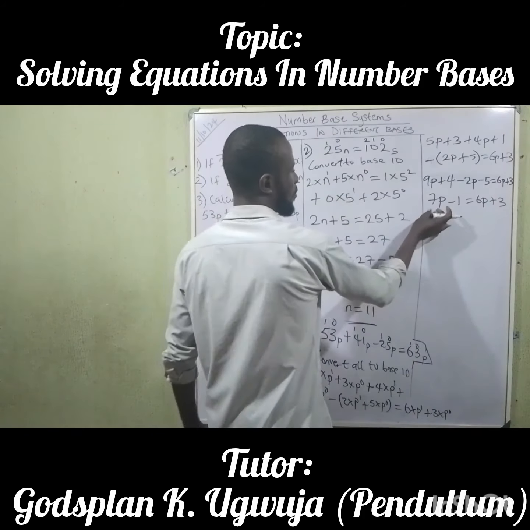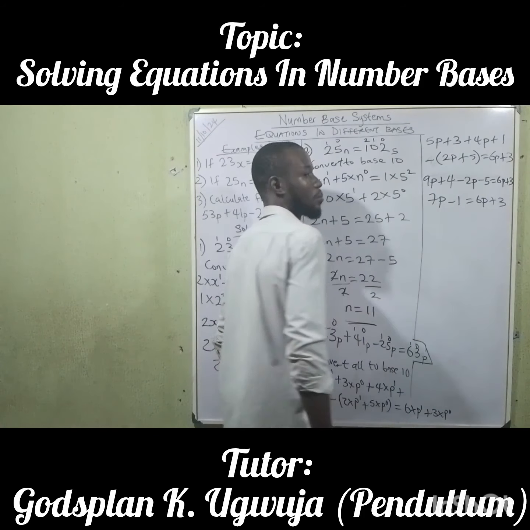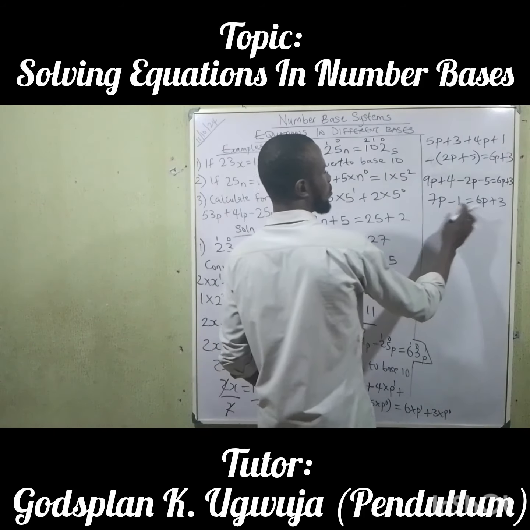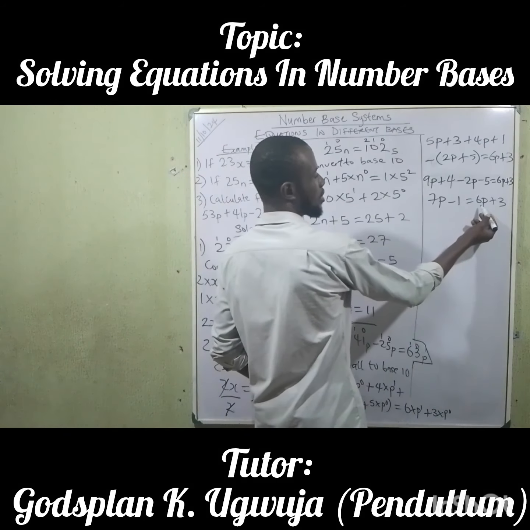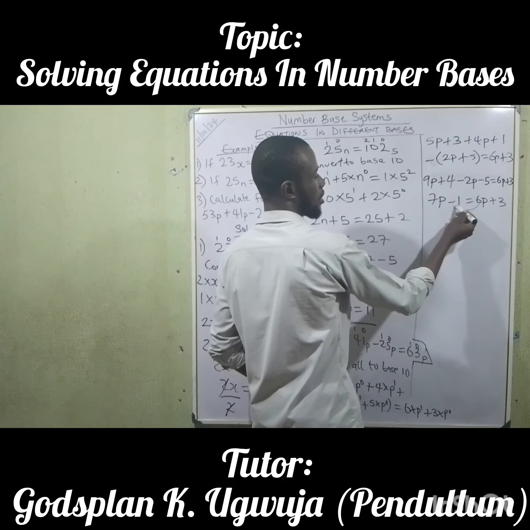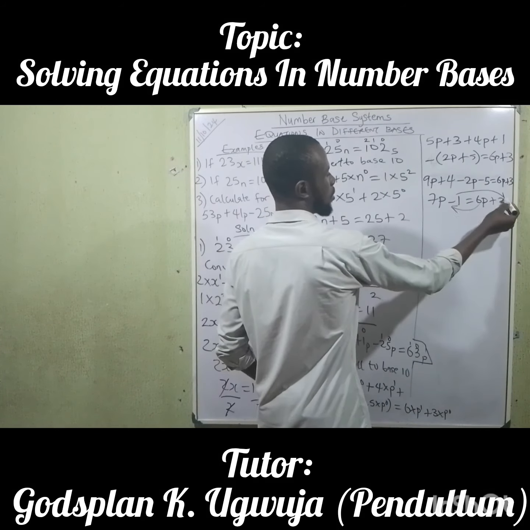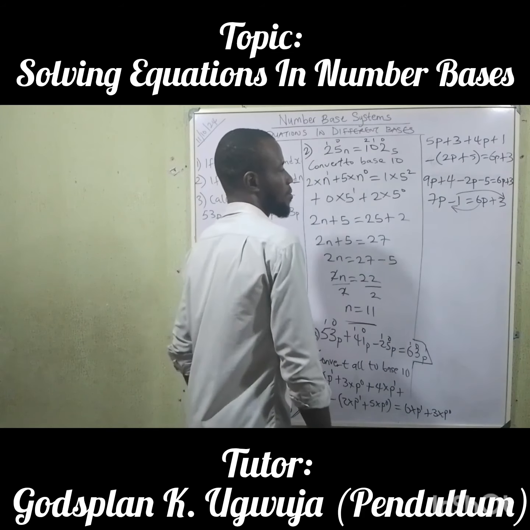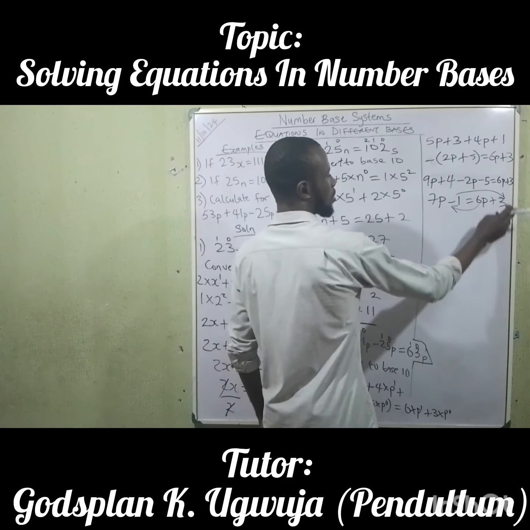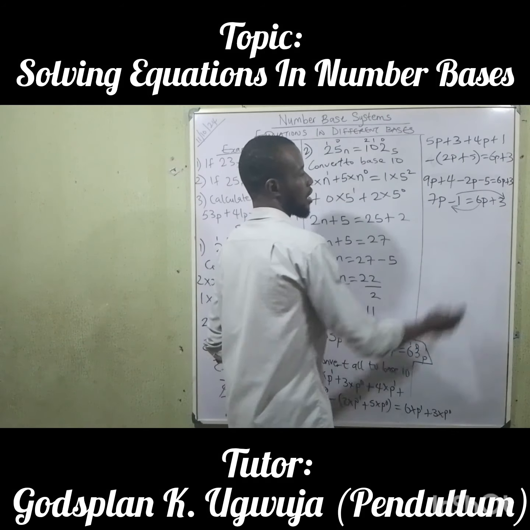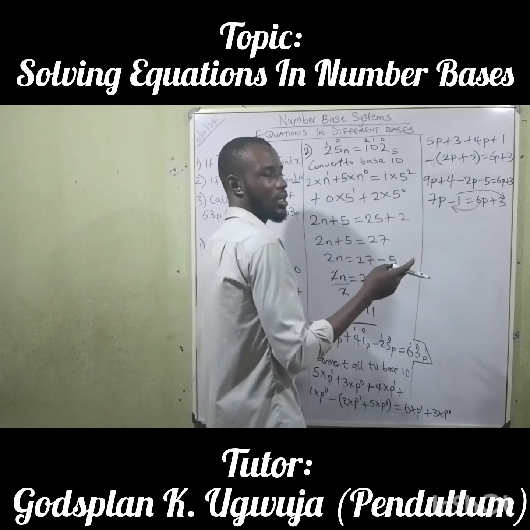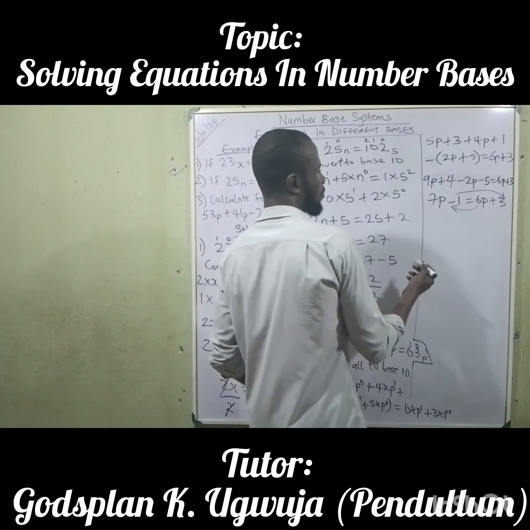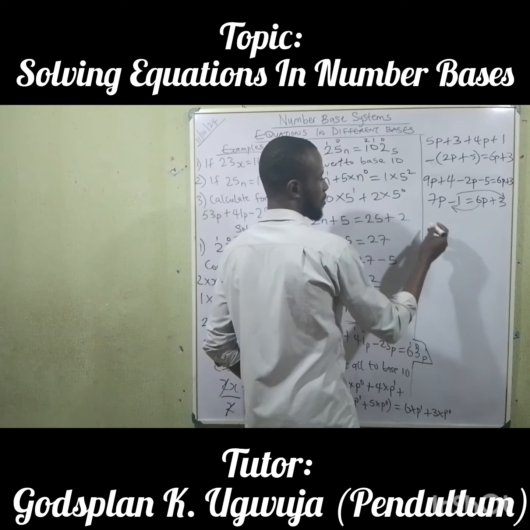On this side, we have 7p and 6p, which are like terms, and minus 1 and 3, which are also like terms. So I bring 6p this way and minus 1 this way. Remember, if minus 1 crosses, it becomes plus 1, and if 6p crosses to this side, it becomes minus 6p, because 6p is positive, so when it crosses, it becomes negative.